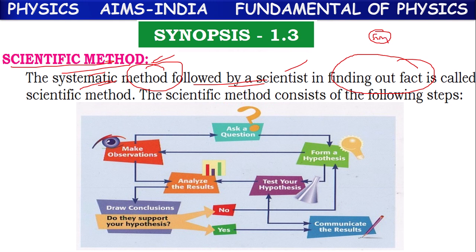For finding that, he will follow one kind of method, which is called the scientific method. It will be systematic. So for finding out one fact, the scientist will follow one systematic method. That method is called a scientific method.